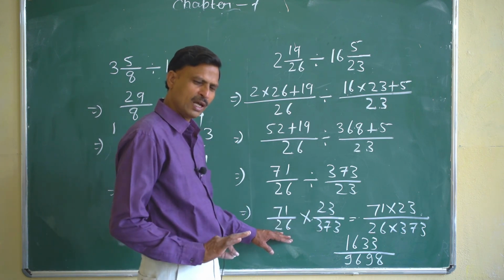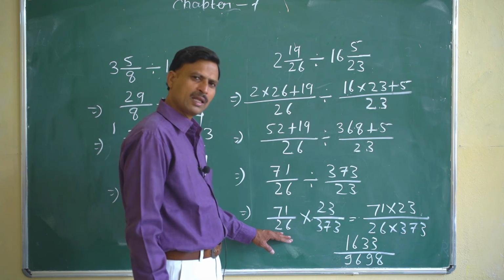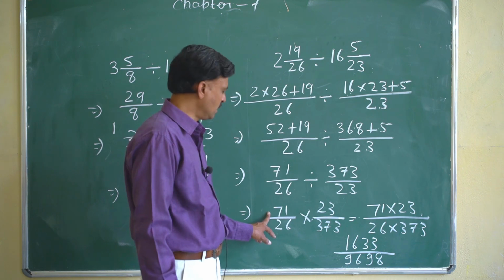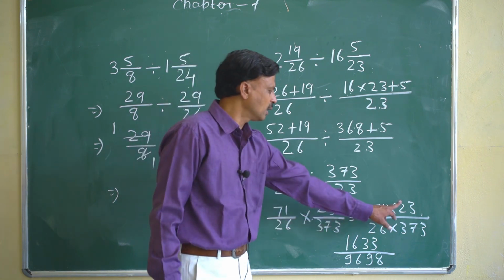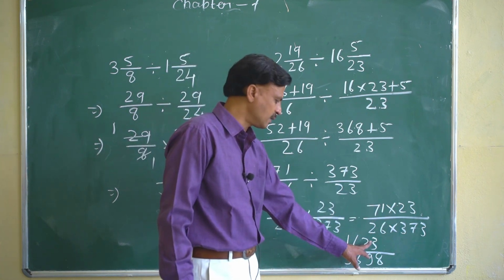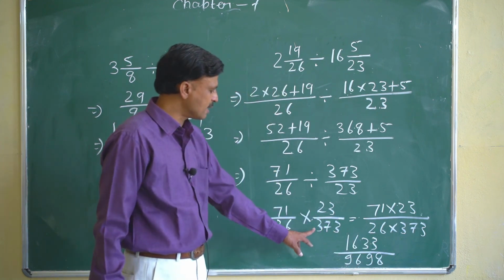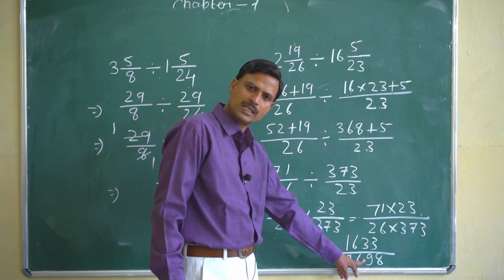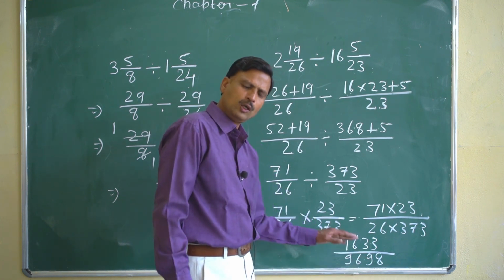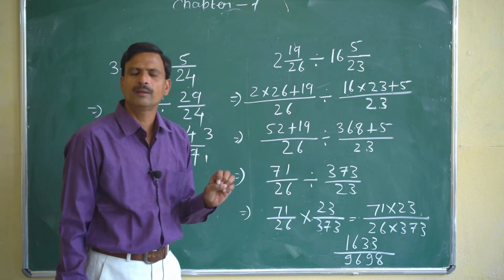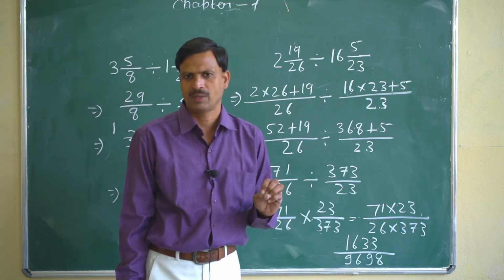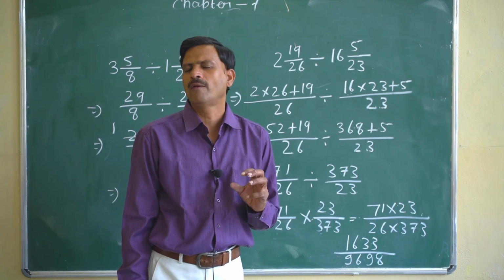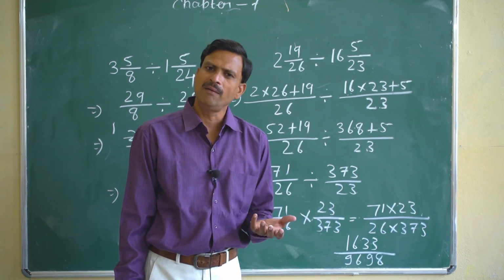When we get nothing, no number is cancelling, we'll multiply then. 71 multiplies 23, we are getting 1633, and 26 multiplied by 373, we are getting 9698. Got it? So in this manner we can divide a fractional number by a whole number, and also a fractional number by a fraction.